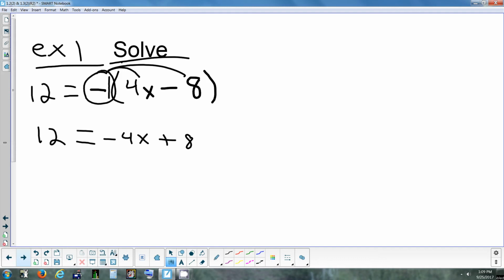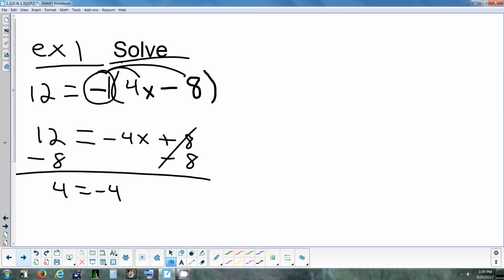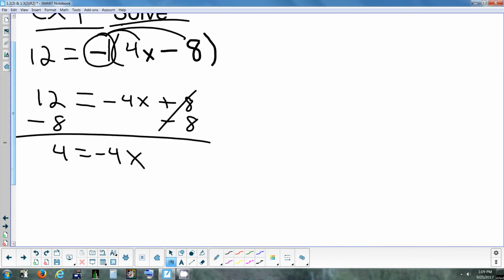Gemini? Positive 8, you have to subtract it from both sides. Good, I like that. Subtract 8 from both sides. 12 minus 8 gives me 4 equals negative 4x. And now, what's my last step? Divide both sides by what?